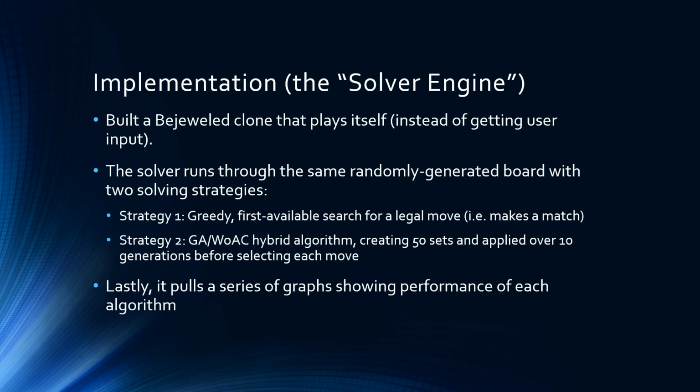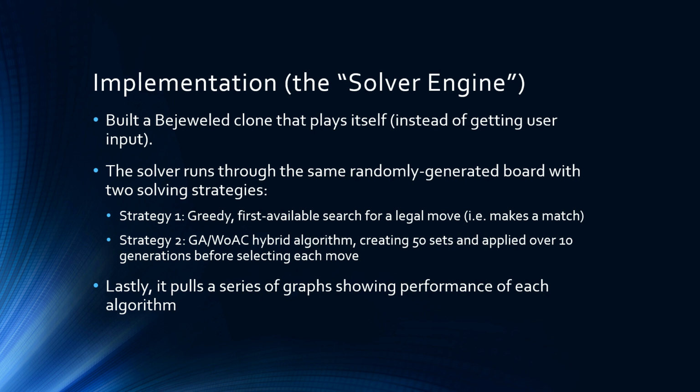It's essentially a brute force algorithm that looks for the first legal move that it can find. And once it finds that legal move, it takes it, and then it does it again and again until it runs out of moves. By running out of moves, I mean it attempts to find a move 1,000 times in a row, and if it fails, then it tells you, okay, it must be finished, and it tends to have pretty good results.